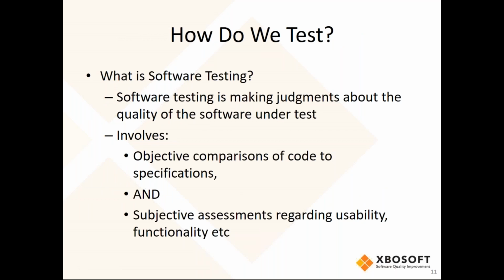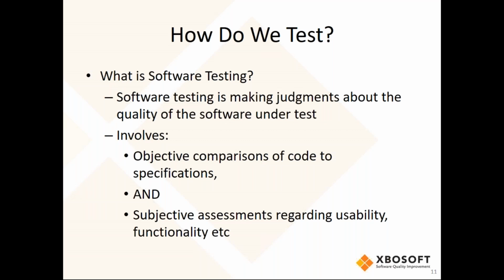So if we're going to think that maybe a missed bug has to do with how we test, then let's figure out what software testing is. I look at software testing as making judgments about the quality of the software under test, right? Because that's what we do when we present our findings to our steering committees and our project teams.